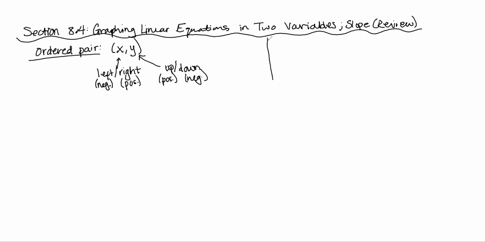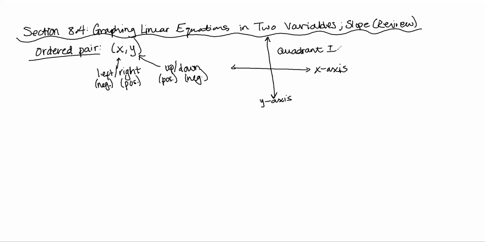And so that's if we have the xy plane. Remember, the horizontal axis is the x-axis. The vertical axis is the y-axis. And sorry, some of my graphs are going to look a little messy just because I don't have a nice grid to draw on. But we have 4 quadrants here. The top right is quadrant 1.